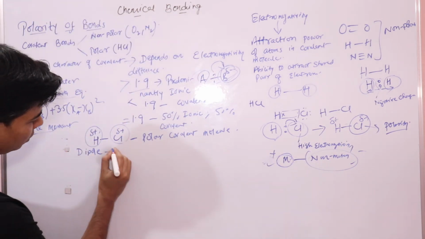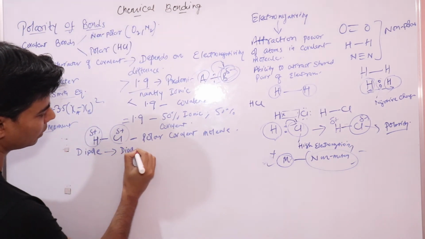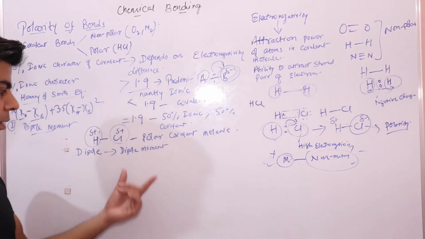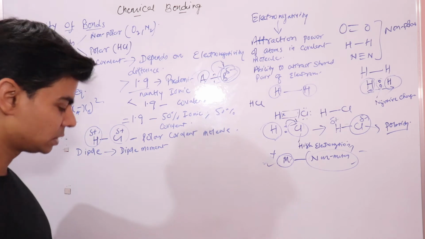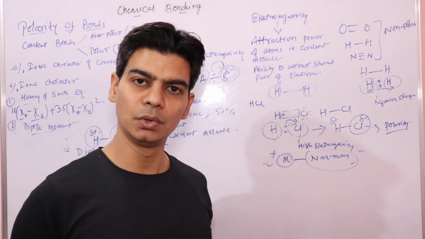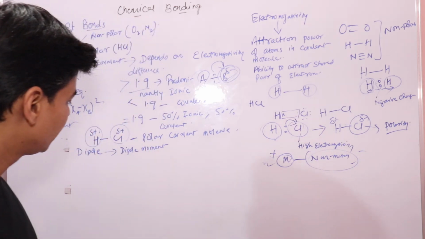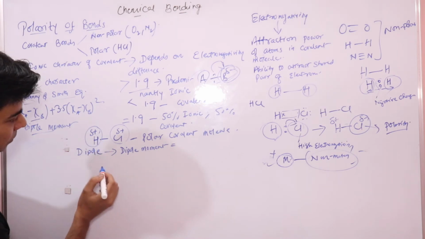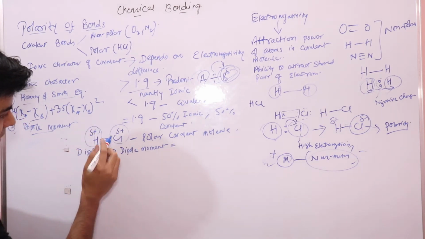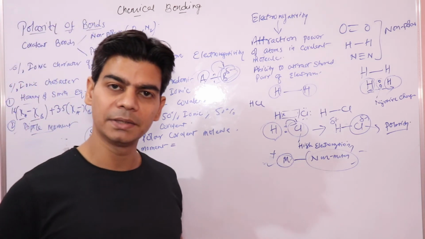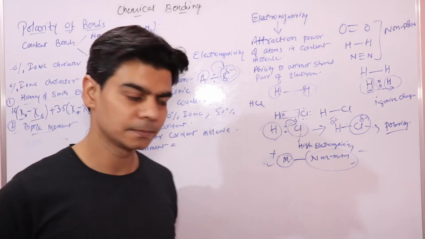Since it's a dipole, it has a dipole moment. Dipole moment is due to polarity, that gets developed due to electronegativity difference. Now, the charge is the same on both the combining atoms, but equal and opposite.